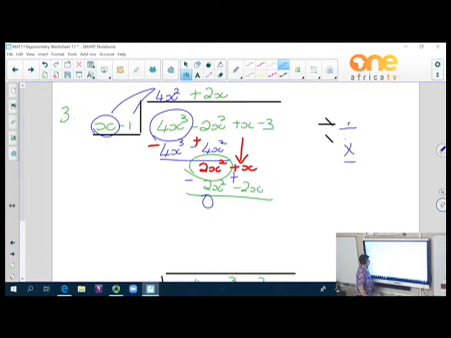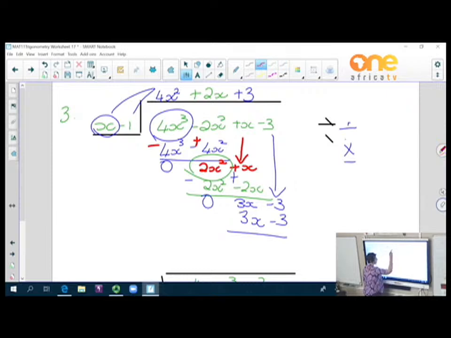This one eliminates there. This is what happens here as well. And then plus 1 plus 2 is 3x. And we bring down the negative 3. So how many times will it now divide into that one? Plus 3 times. Look at your signs. So then we have 3x minus 3. We're still going to subtract and change the second signs.